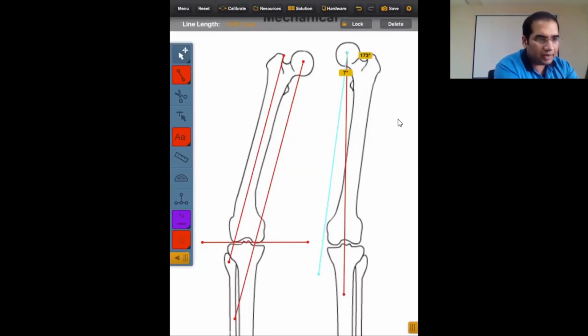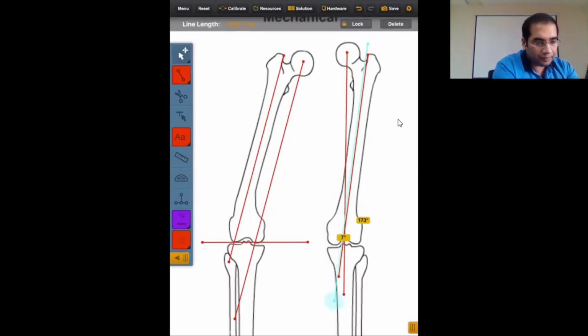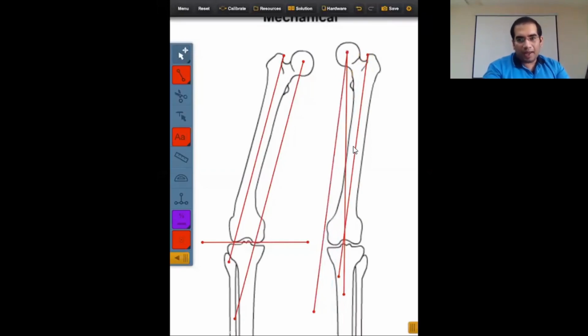Let me explain it once again. I am going to draw another parallel line on the normal side. Okay, these are two parallel lines. I'm going to extend the line to the center of the head. I'm going to draw a line parallel to this line, with reference from the center of the head, extending from the center of the head.